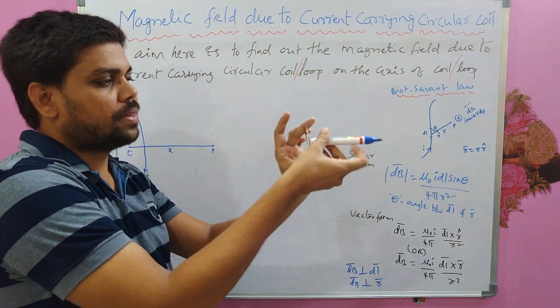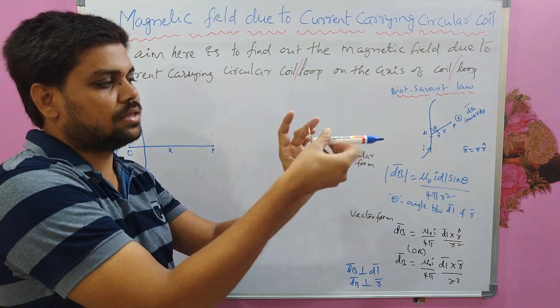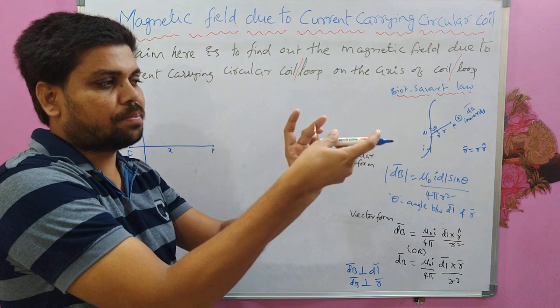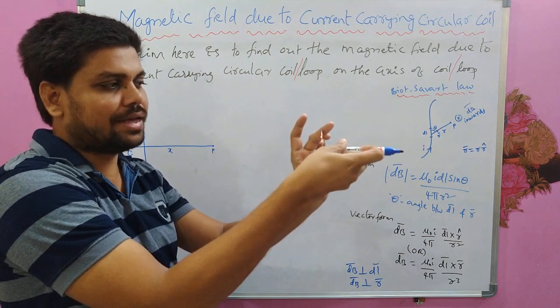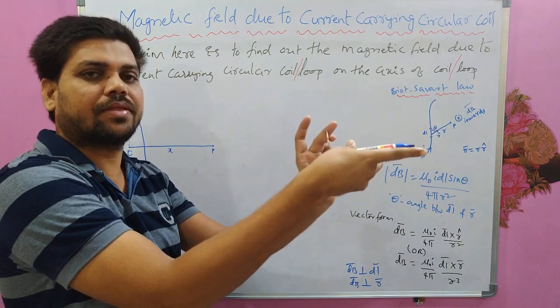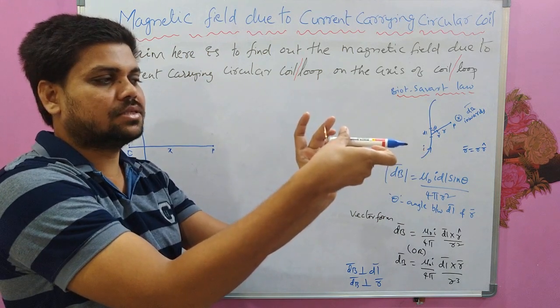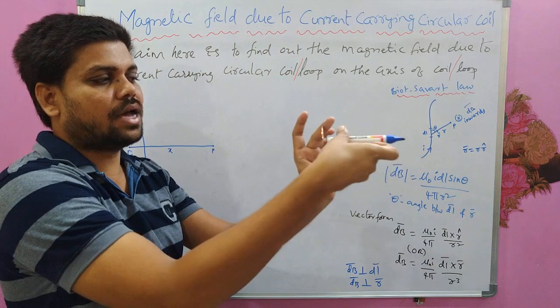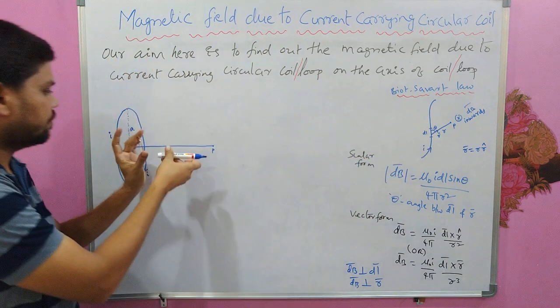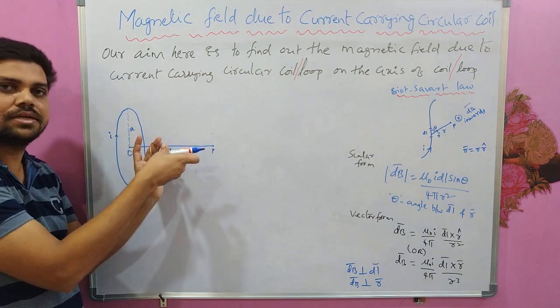So this is the axis of the loop, and the point P is lying on this axis. P can be anywhere, here somewhere on this axis.